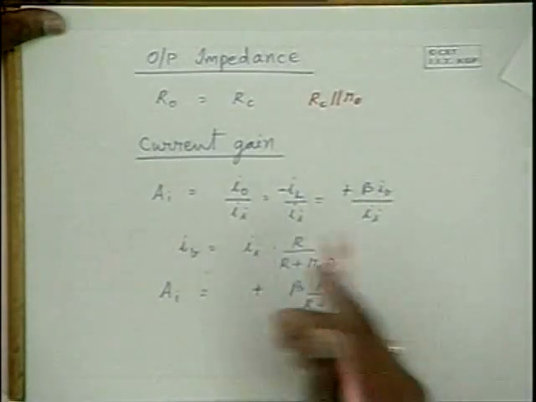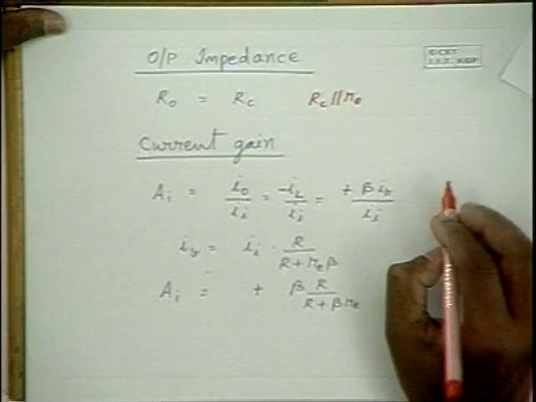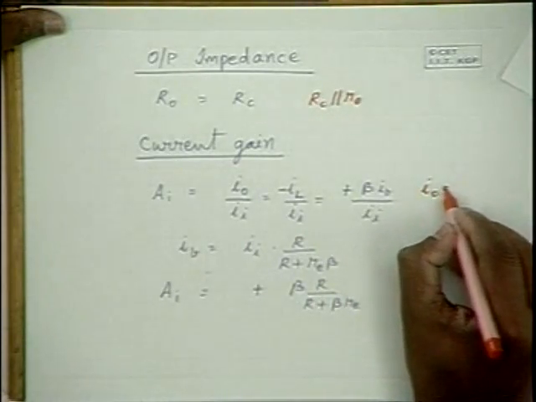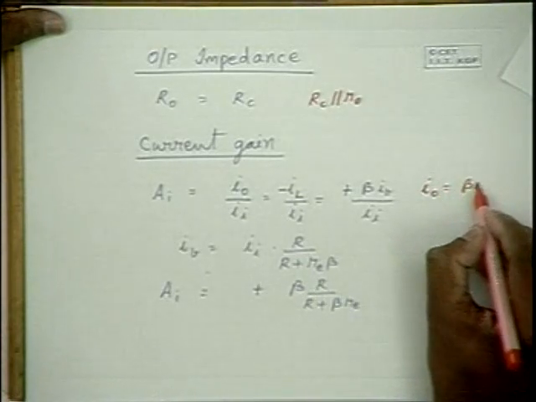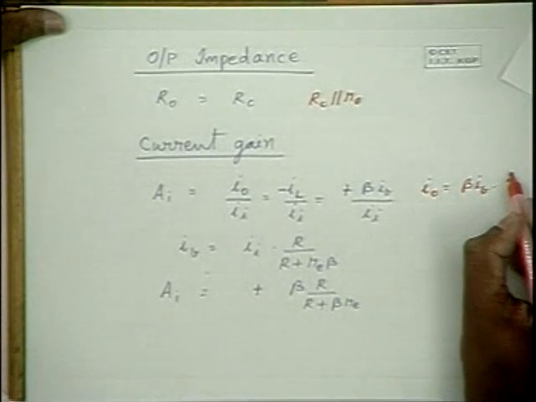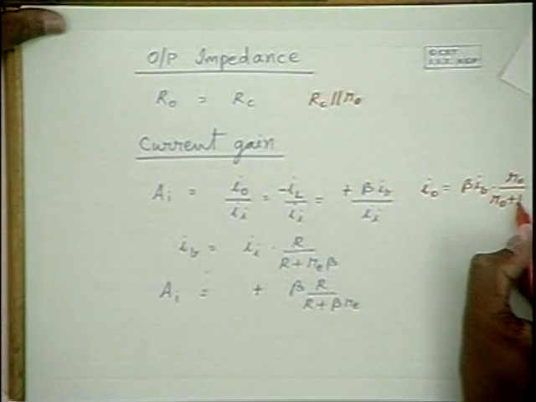Hence, in this analysis, this I naught is beta IB into R naught by R naught plus RC.